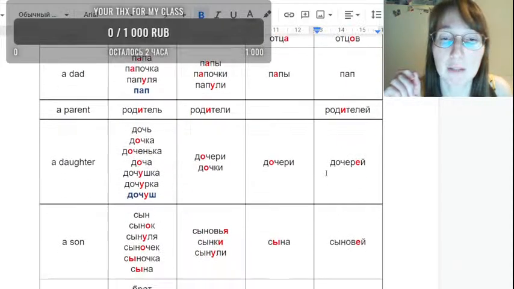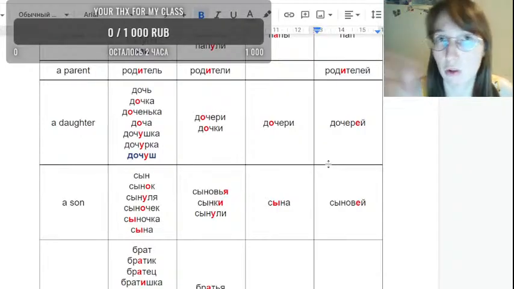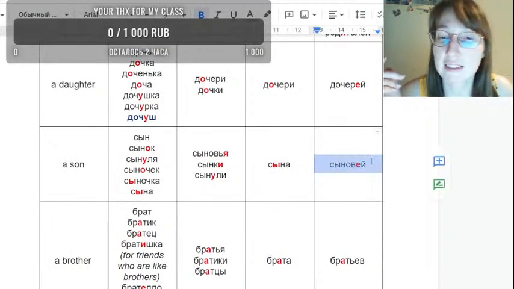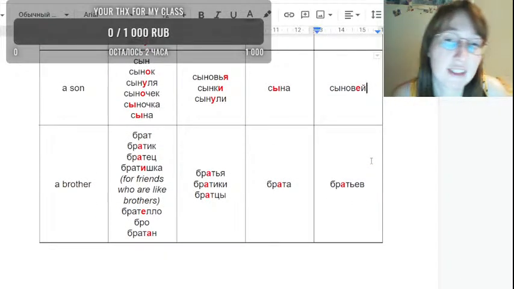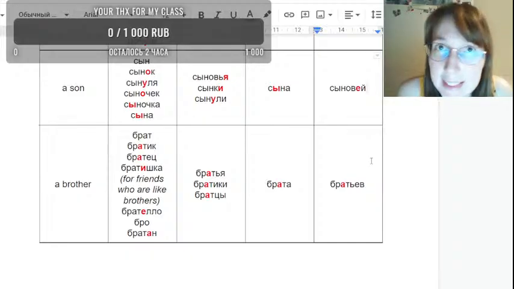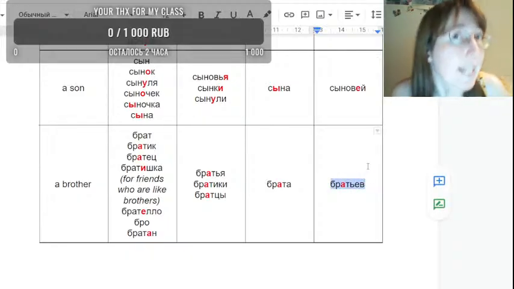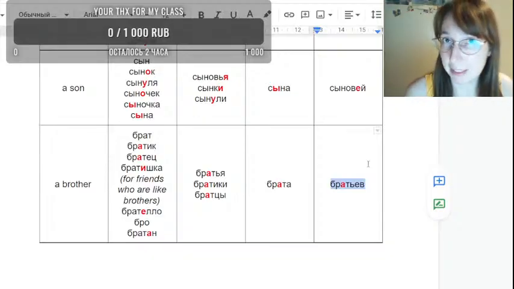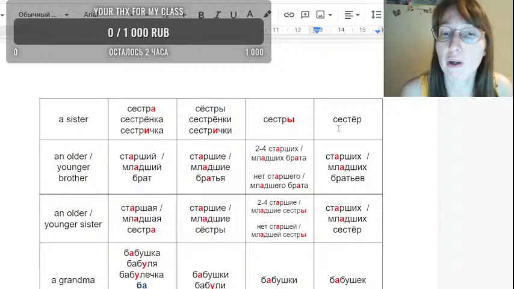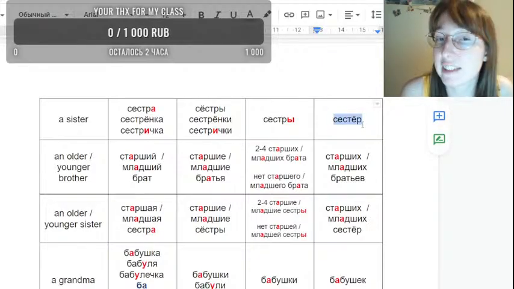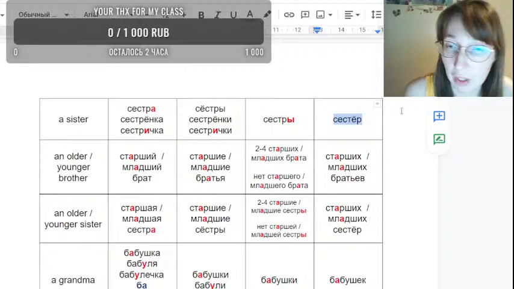For example, a few or several sons, несколько сыновей, a few or several brothers, несколько братьев, a few or several sisters, несколько сестер. Okay?